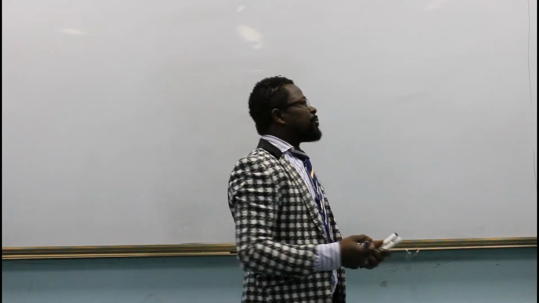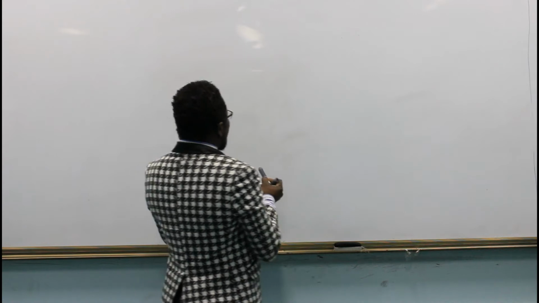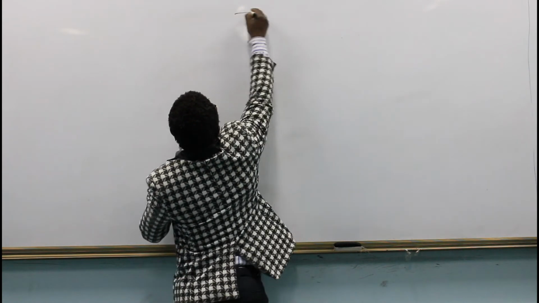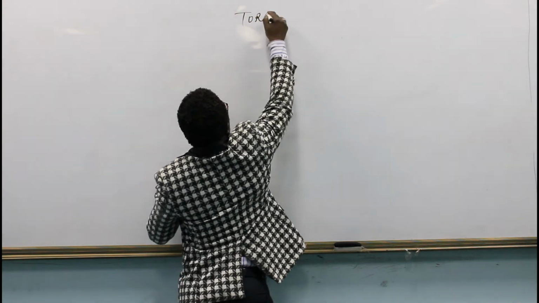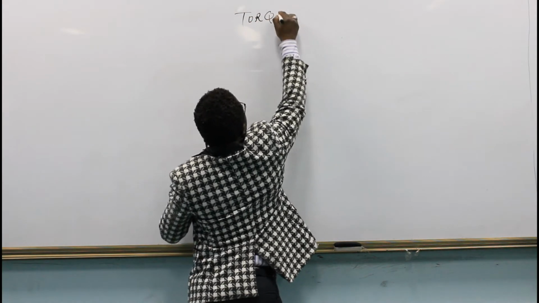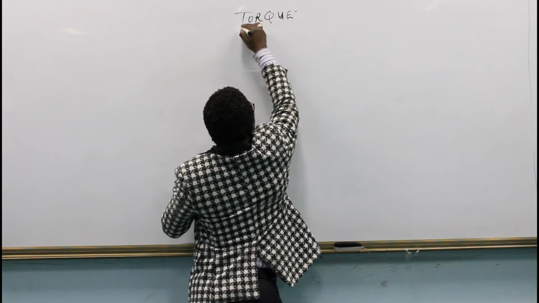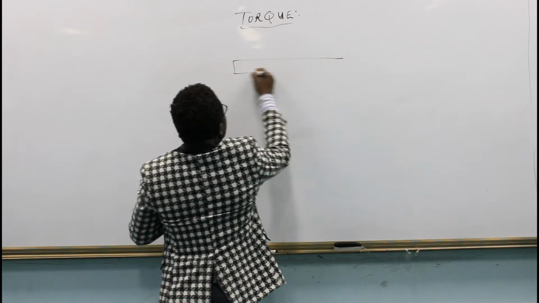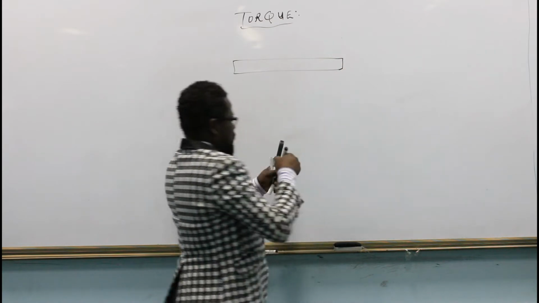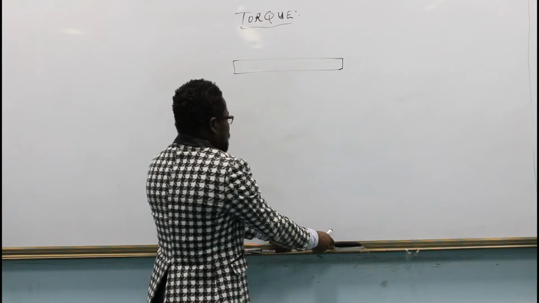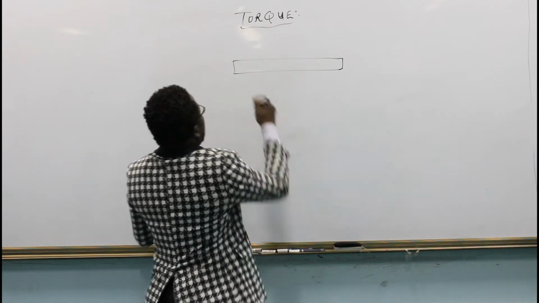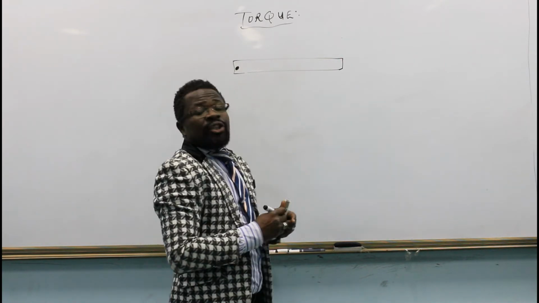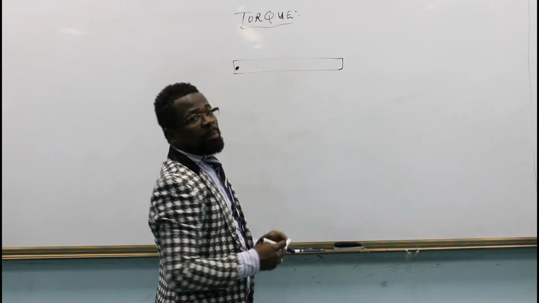So let's take for example that I have a beam, and with the beam there is a fixed point here, and I'm trying to rotate this beam at this fixed point.